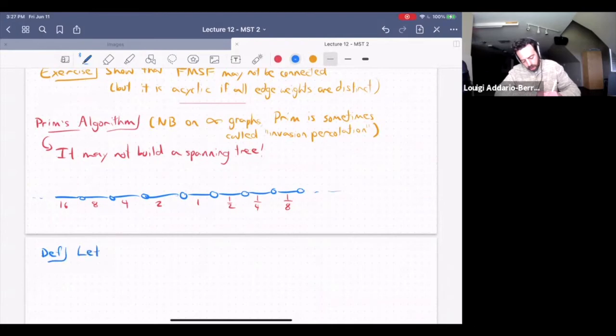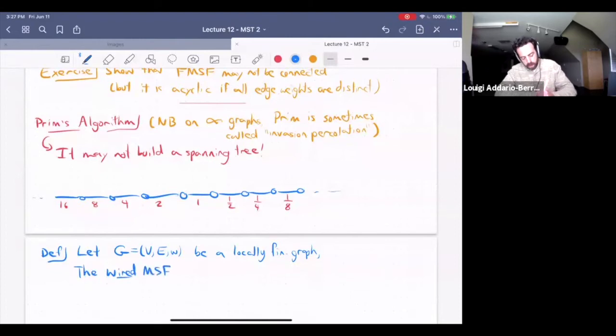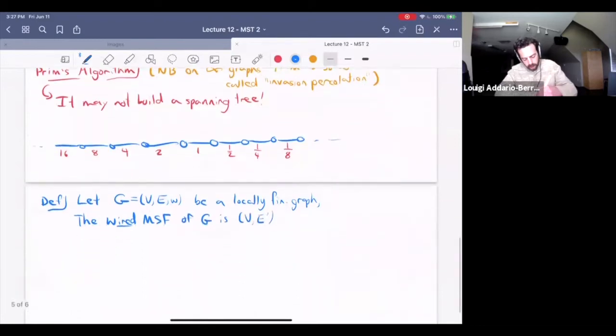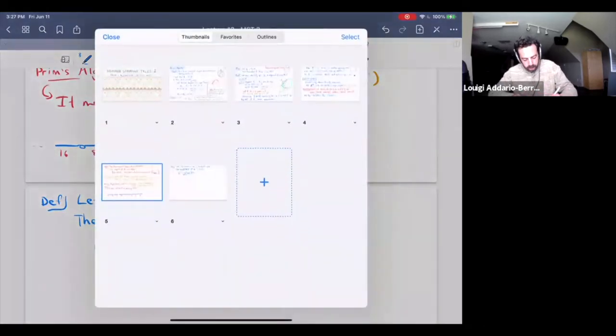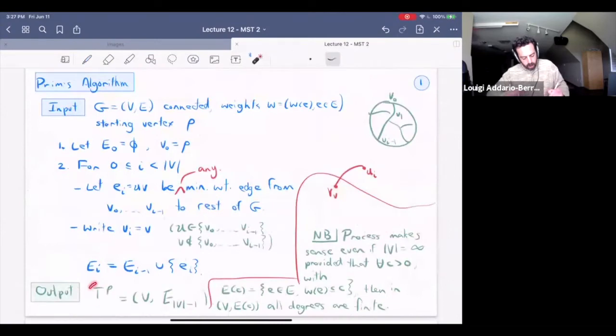And it gives us another notion of spanning forests. Again, if we're given a locally finite graph, then the wired minimum spanning forest, as it's called, is the graph with edges given by the union, over all starting locations for Prim's algorithm, of the edges of T_ρ. Remember, we wrote T_ρ for the output of Prim's algorithm starting from vertex ρ.